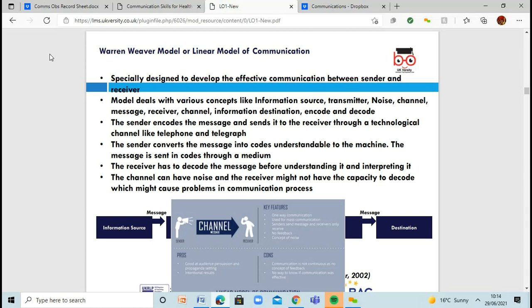For example, if I wanted to send a message to Julia, and I picked up a phone and phoned where she worked, and somebody else answered the phone instead of her, that person or that interruption would be the noise. It's what is stopping me from getting my message straight across. That person would then go and call Julia and say, you've got a phone call from Russia, come and talk. So that's that interruption.